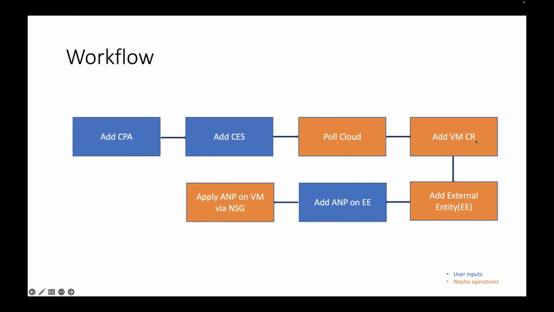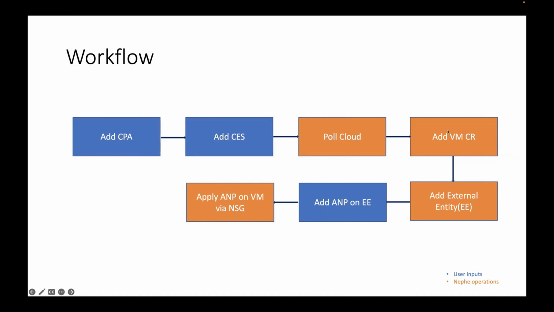Once it has identified the VMs matching the criteria, it creates a virtual machine CR for each. The virtual machine CR, right now, we kept it for visibility purposes. It carries the running state of the VM, if it is up or down, and the VPC the VM belongs to, and I'll show this in the demo. Today, Antrea network policy is actually applied on external entity.